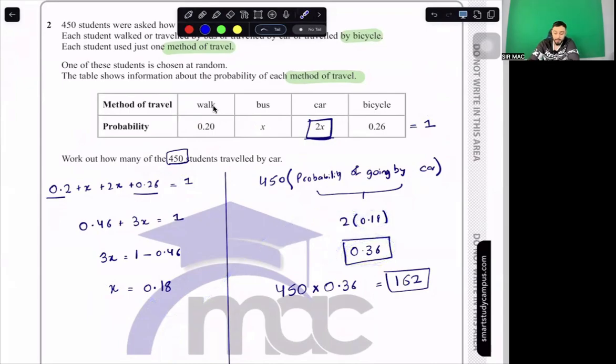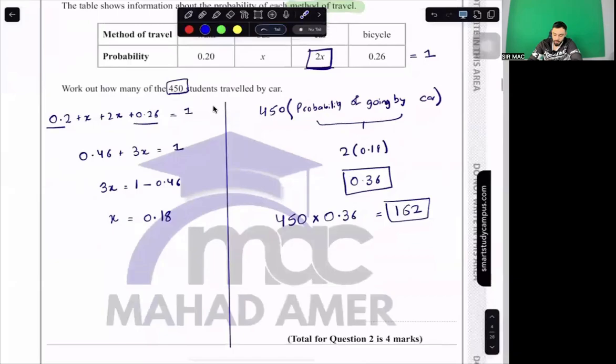This means that out of 1, there's a chance of 0.36 that I go by the car, or let's say 36%. So if I take a sample of 450 people, around 36% would be going by the car. So 450 times 36%, or times 0.36, same thing. That is going to give me 162 as an answer, and 162 is the total number of students that would be traveling by the car.